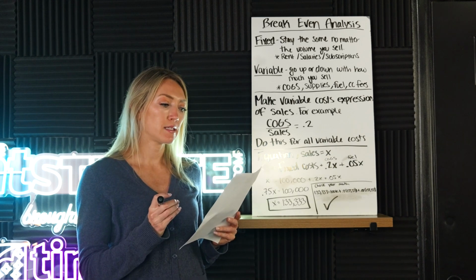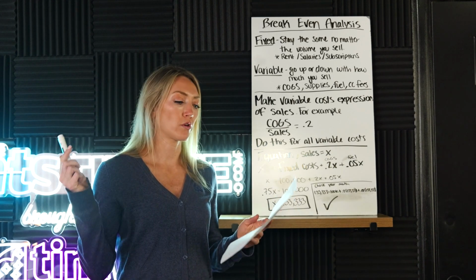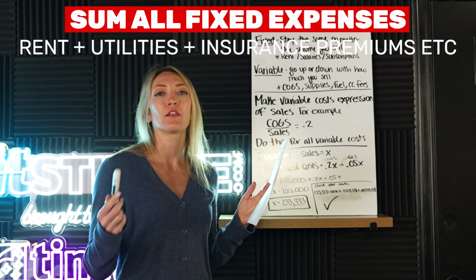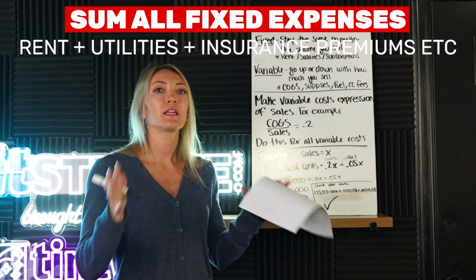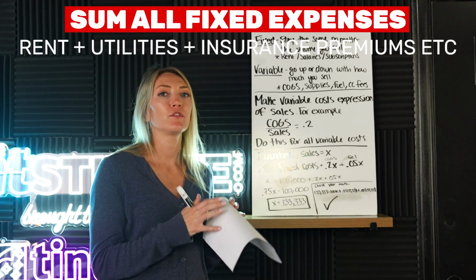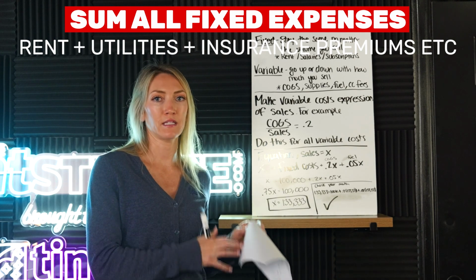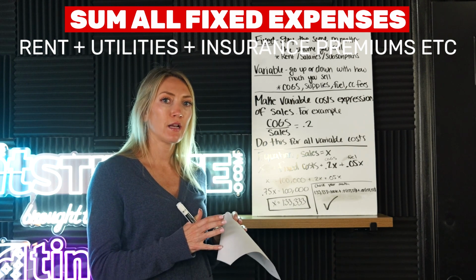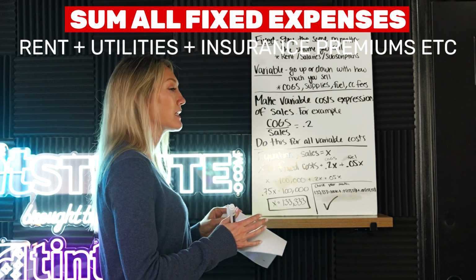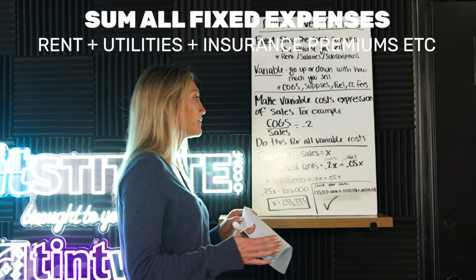So fixed expenses, we're going to add together, of course, rent, we're going to add together insurance, everything that would stay the same if you did more or less business. So once you have that number, write it down, and that's going to be your annual fixed expense.